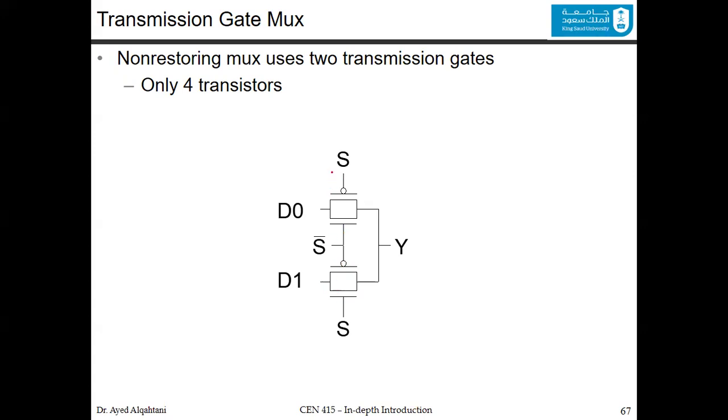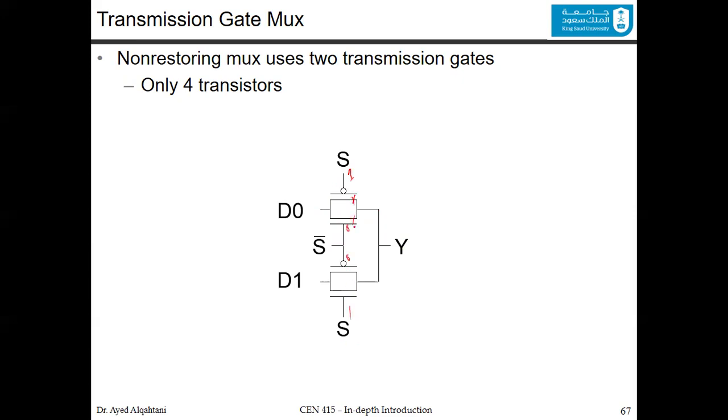Now, in this case, if S is equal to 0, S bar is equal to 1, and based on this, this one is on, this one is off, and D0 will be selected into the output. If it is the other way around, if S is equal to 1, then this is 0 and this is 1.